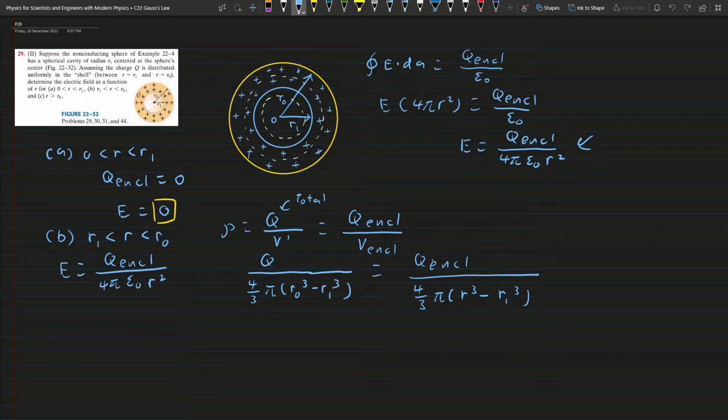So this is just the volume enclosed by where we define r, so it is r instead of r0.